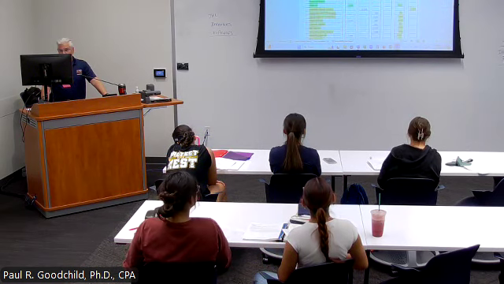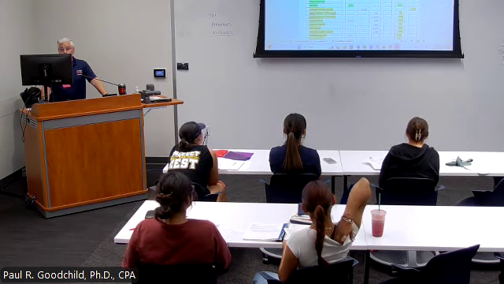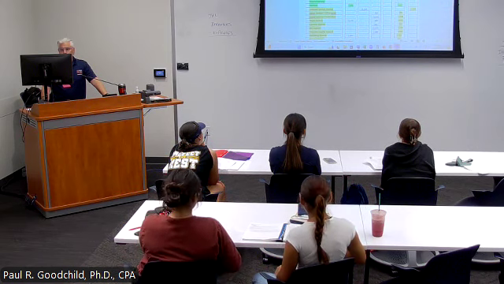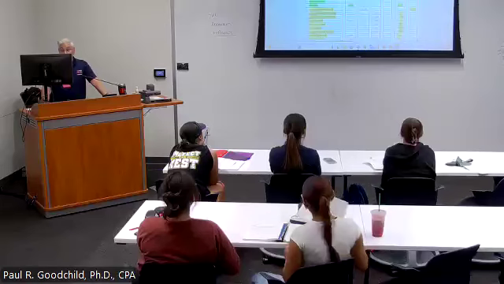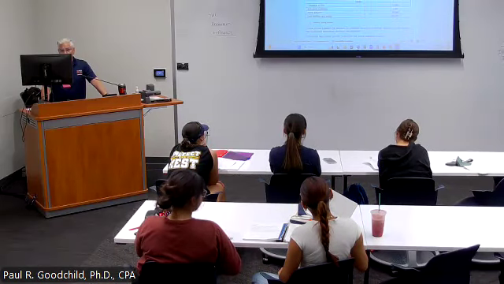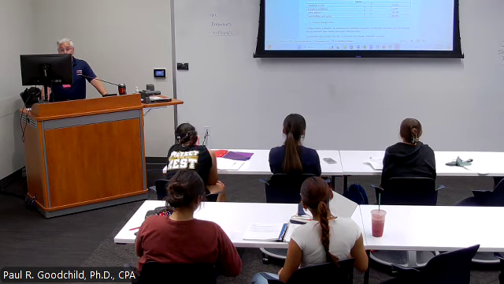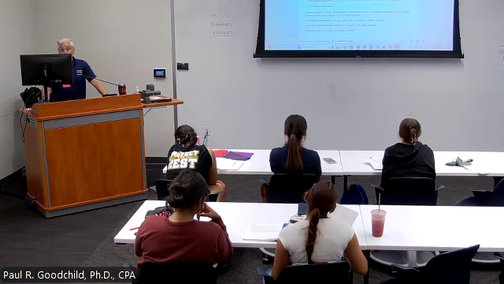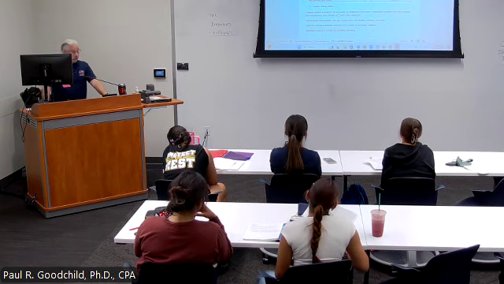So these are our liabilities. And those go in here. And then these, the equity accounts, are the same green ones that we used for our stockholders' equity.